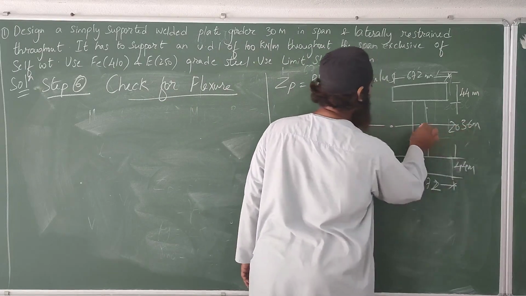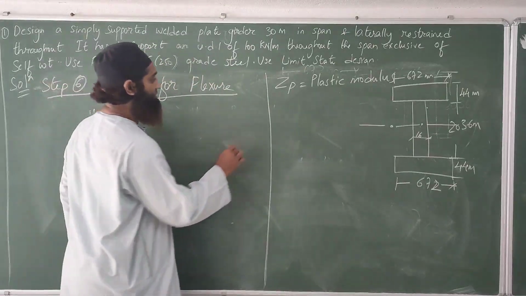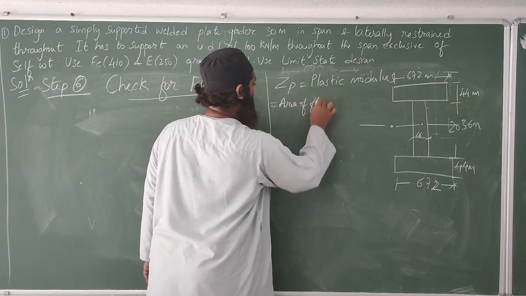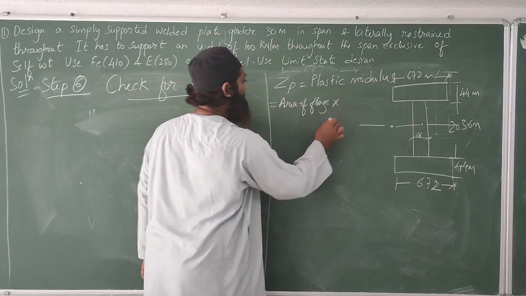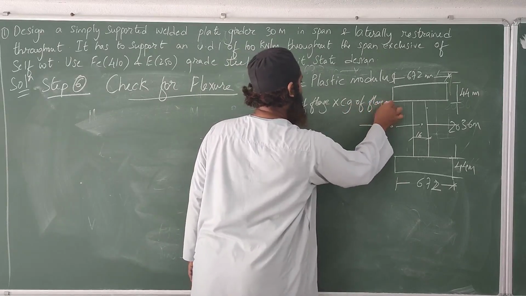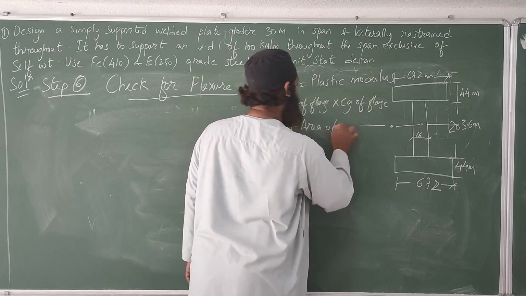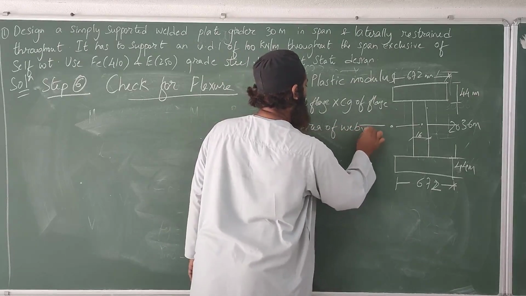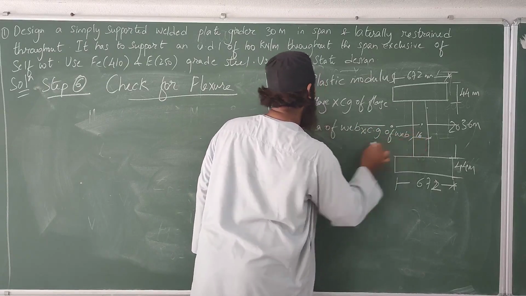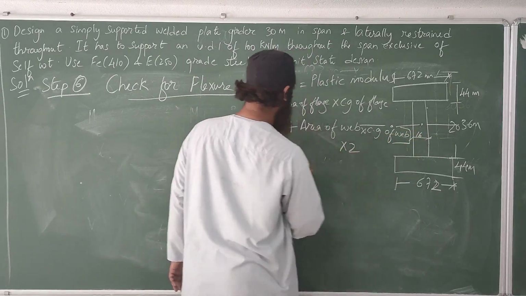Okay, now we'll have to find out the CG, which will act at the center. As I had told you, the plastic modulus is the area of flange into CG of flange plus area of web into CG of web, and the whole should be multiplied into 2.